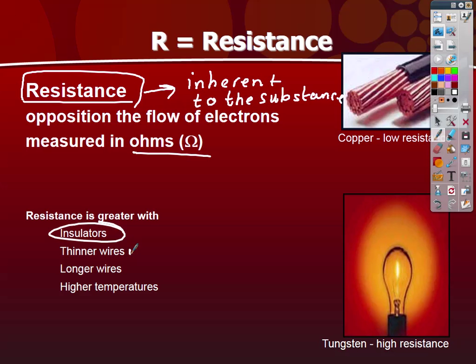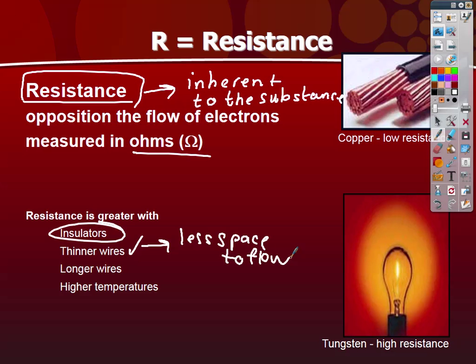Resistance will be greater with thinner wires. All right? The reason for this is there's less space to flow. All right? What I always make an analogy with electrons and electricity is think about traffic. Cars being the electrons, and then the roads being what's carrying those electrons and making them flow. Whenever you go from 3 lanes down to 2 lanes, things always slow down. 2 lanes down to 1 lane, always slow down.